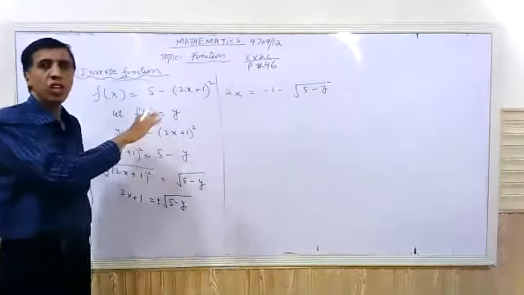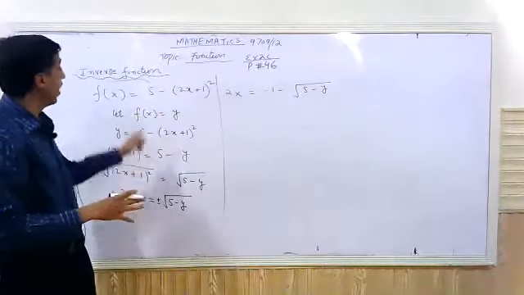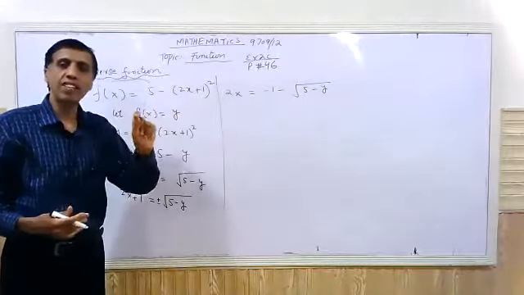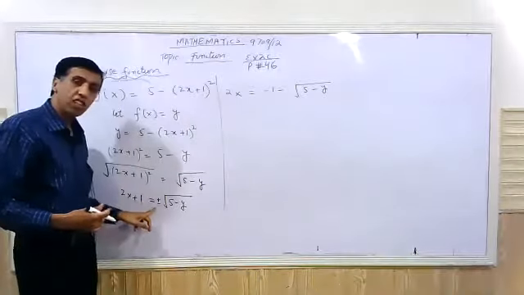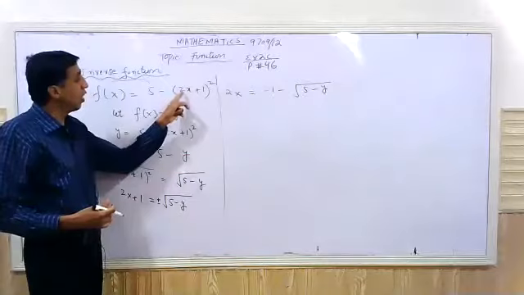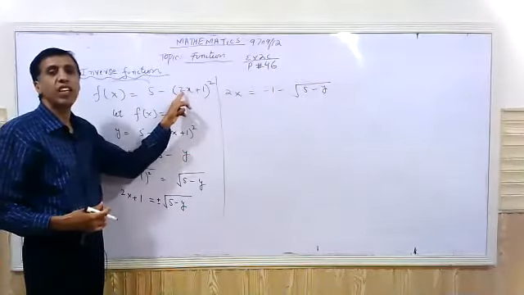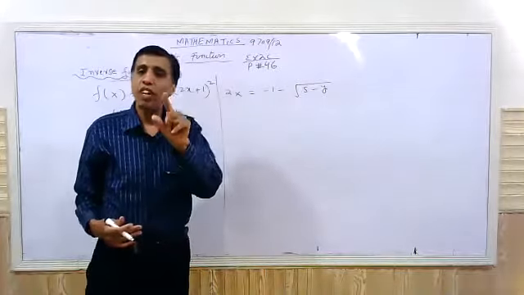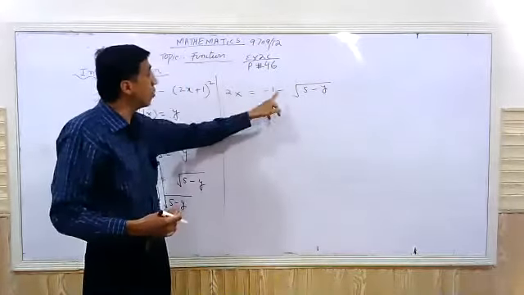In this question, domain was not given. I have written only this function. So how will you assess which sign you have to keep, either positive or negative? Here, if I open this bracket, I will get the value of x squared is negative. If the value of x squared is negative, we will keep the negative sign here.